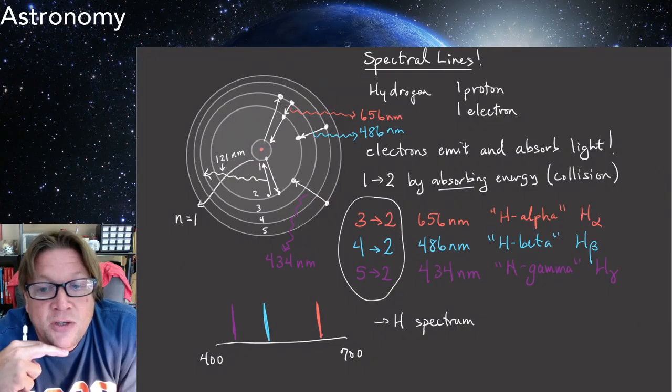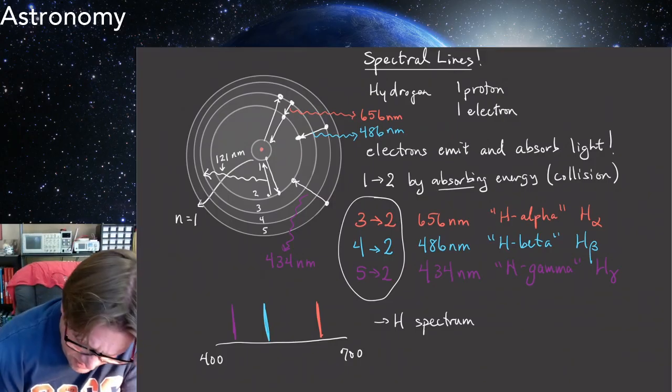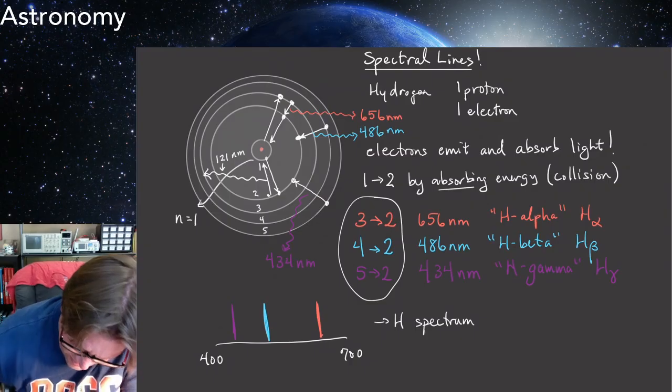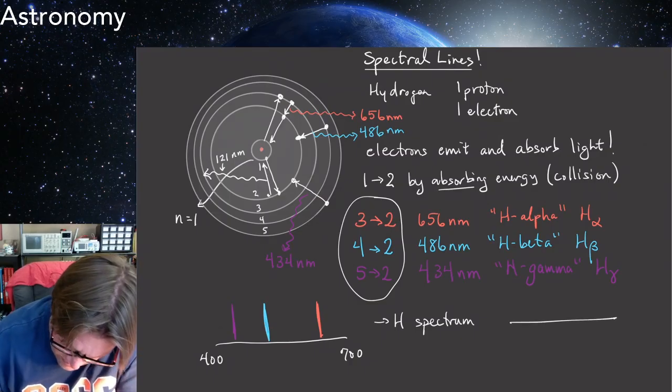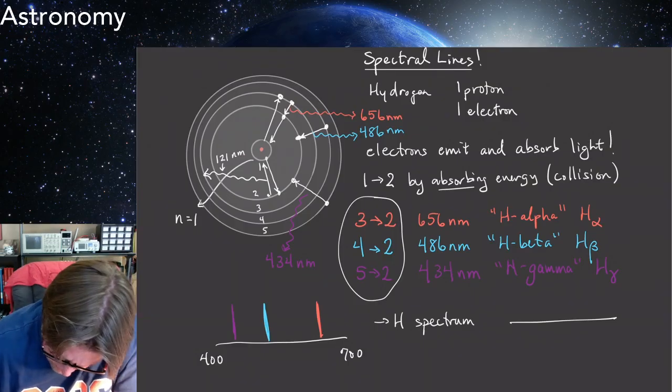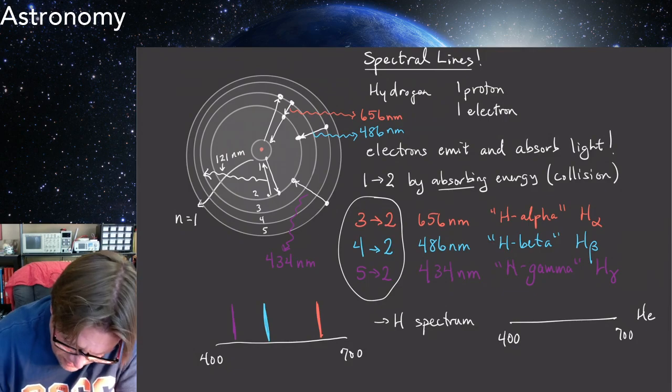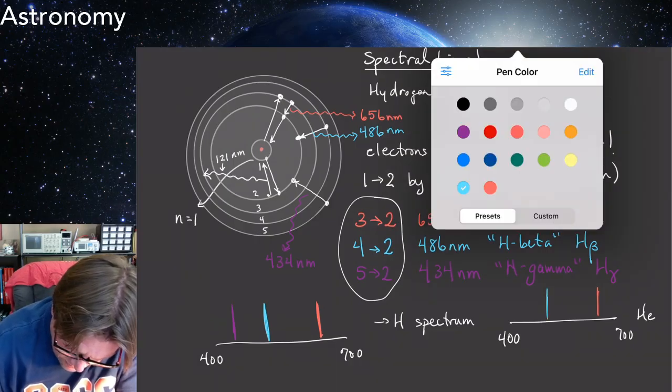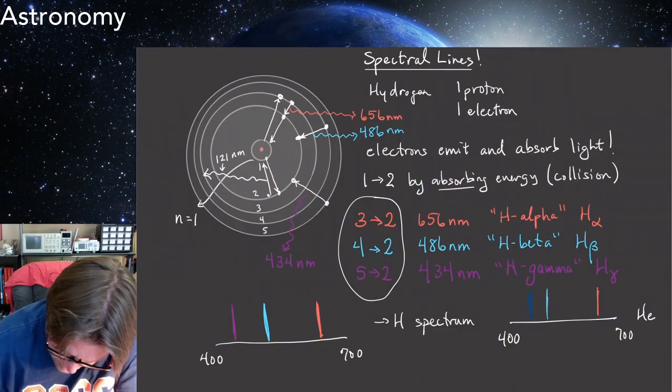Each element has its own unique barcode, and they're all different. The helium spectrum is a little bit different. Running 400 to 700, if it's helium, I think there's a red line, and then there's another line here, and I think there's even a bluish line here.